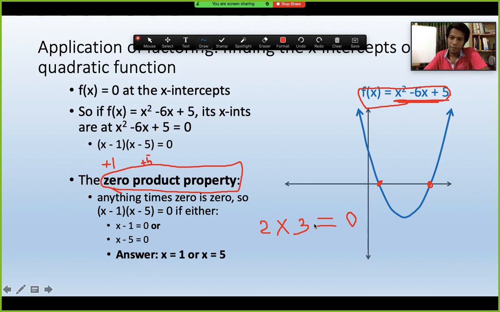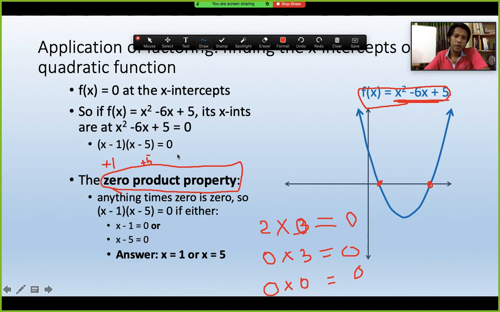How can it be possible? Either I have to write 2 into 0, then it becomes 0. Or I can write 0 into 3, then it will become 0. Or this is also possible, I can write 0 into 0. This can also be 0.